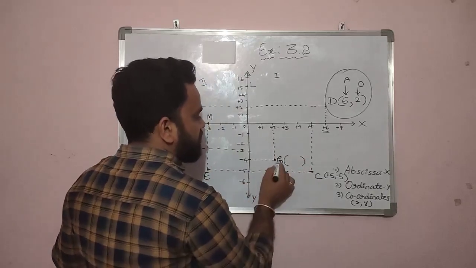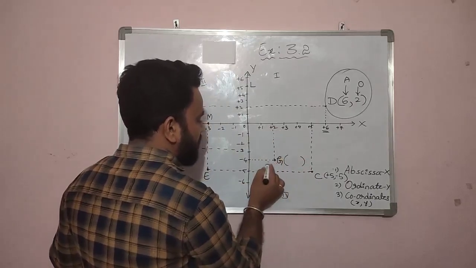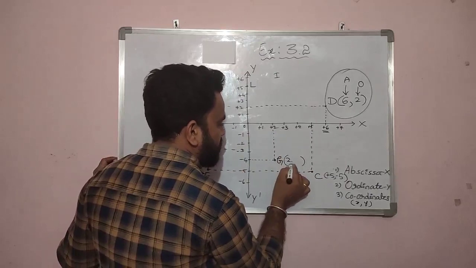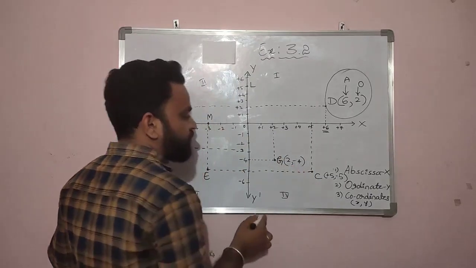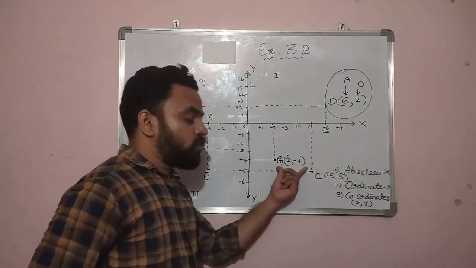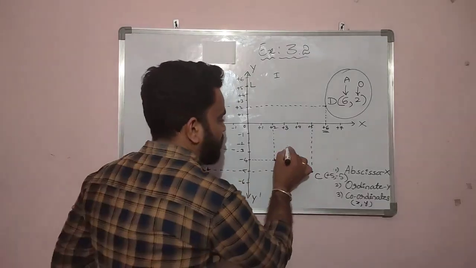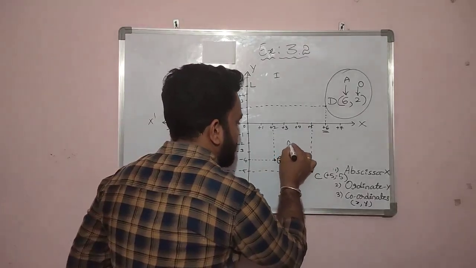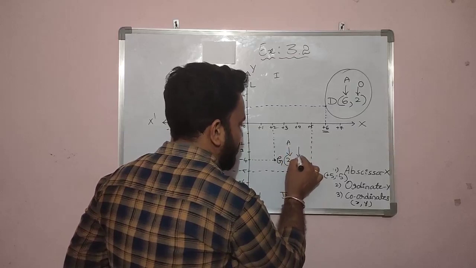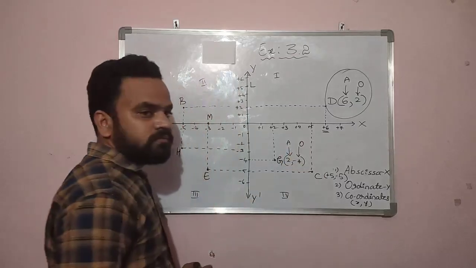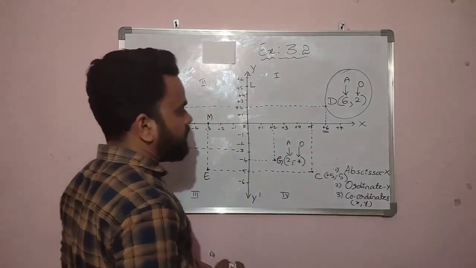Can you guess? X will be plus 2, y will be minus 4. It is 2 comma minus 4. 2 comma minus 4 are the coordinates of point G. And what will be its abscissa? Abscissa is 2. Ordinate will be minus 4. Right?